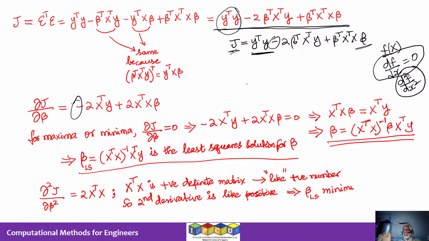And if you look at multivariable calculus, we can show that this term, when you take the derivative with respect to beta, is going to give you 2x transpose y. All right, so that is what you see here. And the derivative of the last term with respect to beta is going to be 2 times x transpose x beta. That is what you see here. This comes from multivariable calculus.